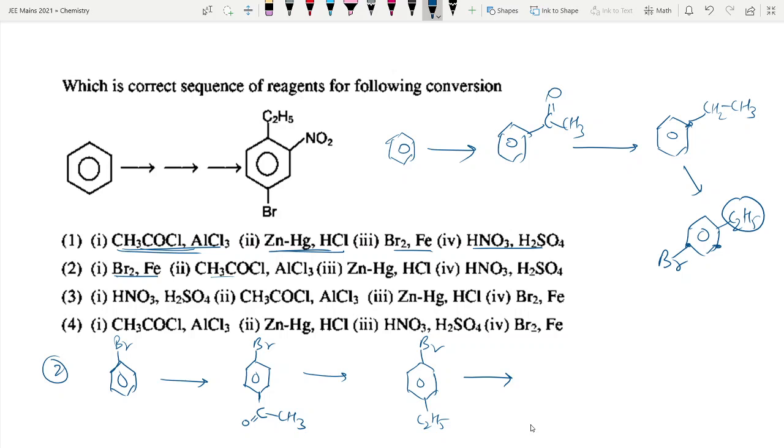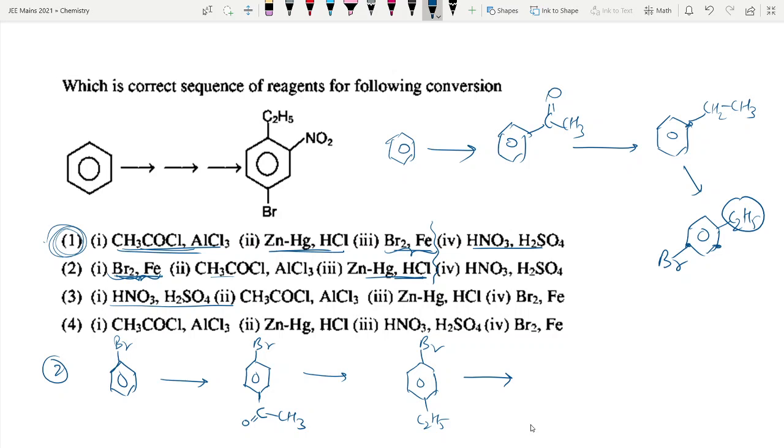Wow, both of the options reach the same kind of situation. And introducing bromine early is not a good idea because it's a deactivating group. So introducing bromine later on would be a good idea, I think. So if I have to go with one or two, I will go with one. So still one. Now let's come to this.